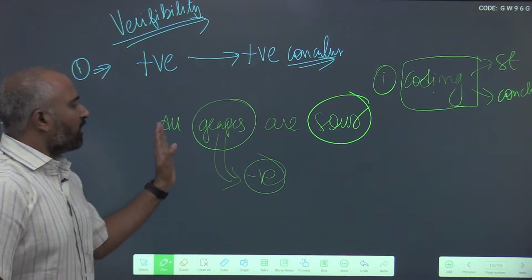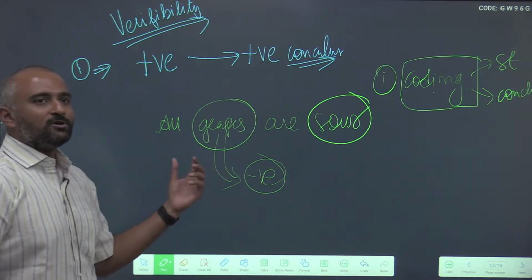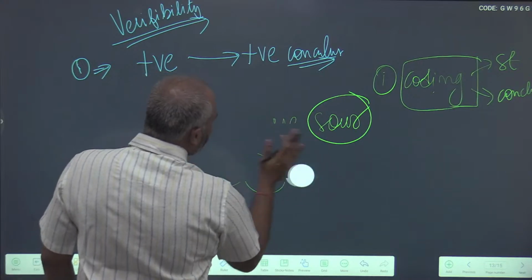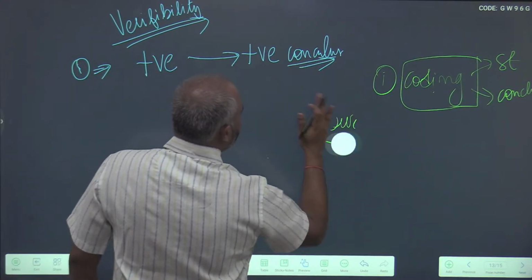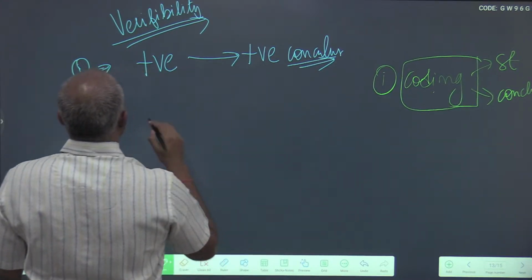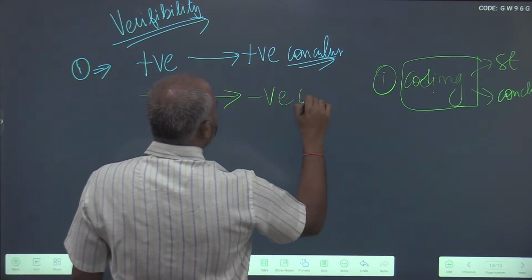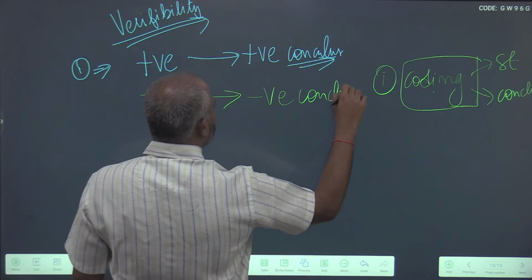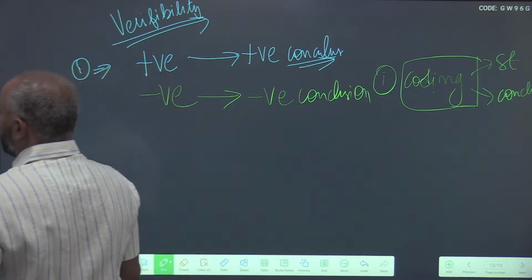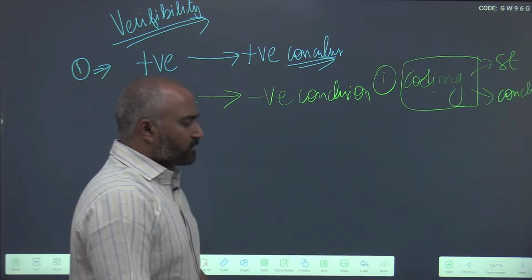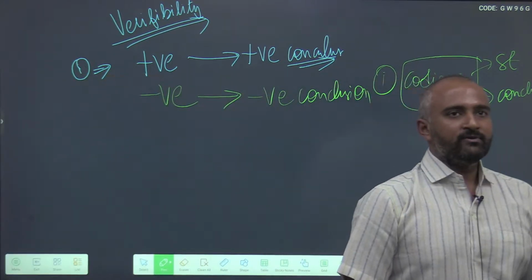It says all the grapes are sour, so there is no window for tolerance. So a positive statement can only give a positive conclusion. In the same way, a negative statement will always give a negative conclusion.